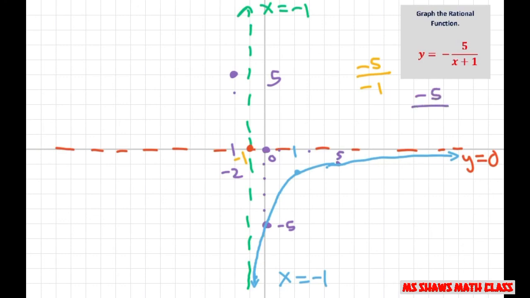So I plug in negative 6. I'm going to get negative 5 divided by negative 5 equals 1. So negative 2, 3, 4, 5, 6. And this is negative 6. And that went to 1.